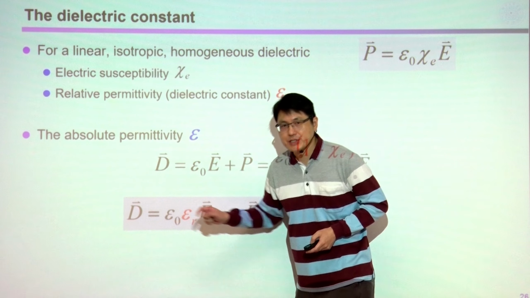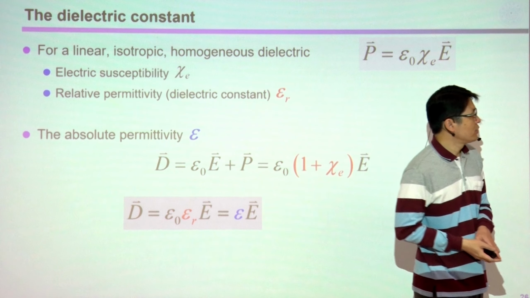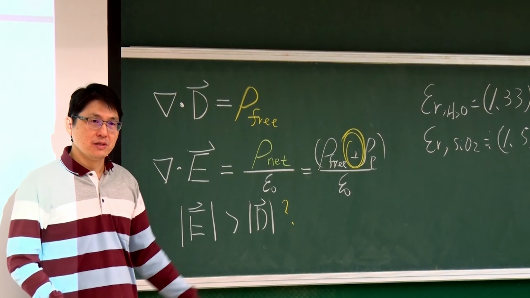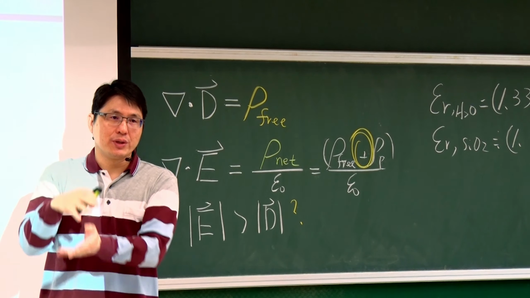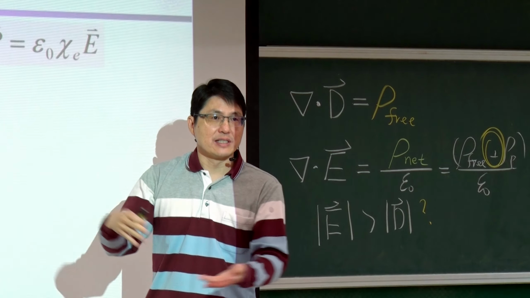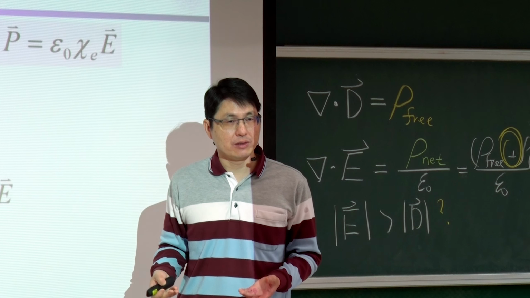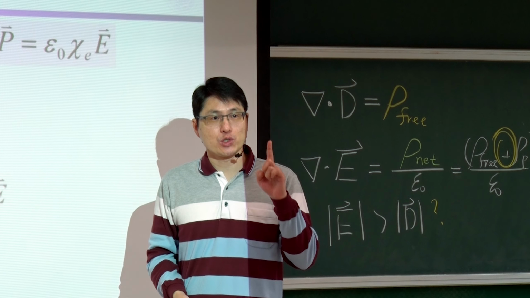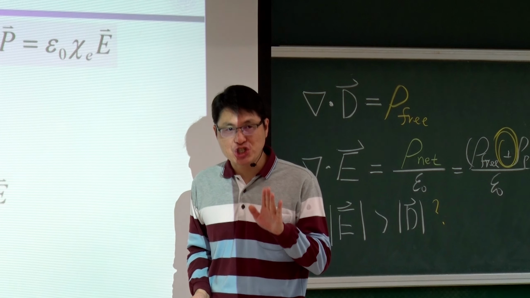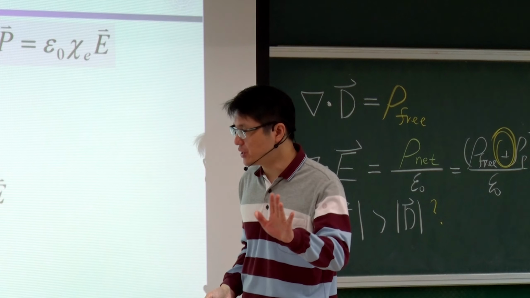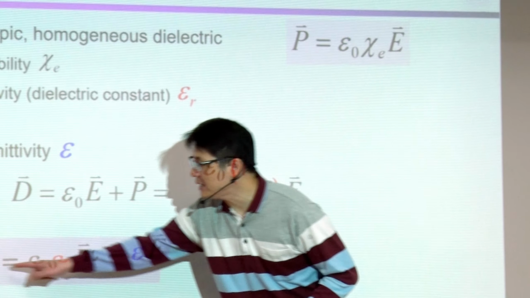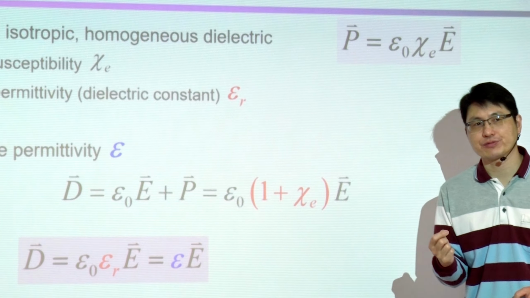D is only related to the free charge density. So even though you have different materials positioned in space with the same applied external field, D remains a constant. Okay? So my suggestion for you is try to remember this relation between D and E in a different way.